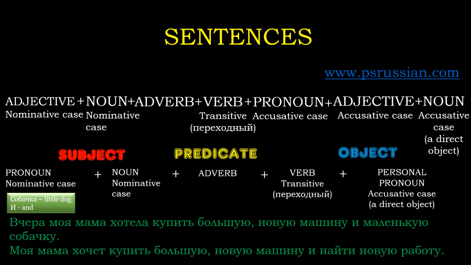One more point I want to bring your attention to is the case when we have more than one predicate. For example, моя мама хочет купить большую новую машину и найти новую работу.